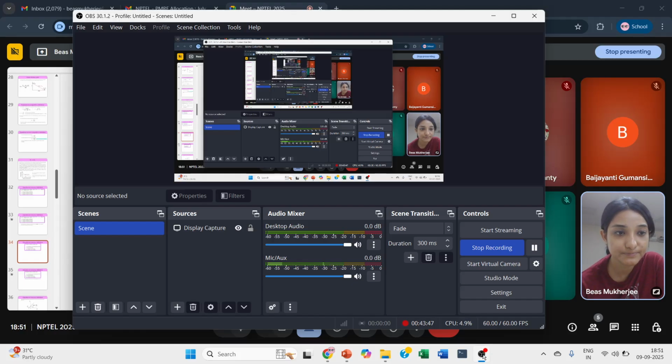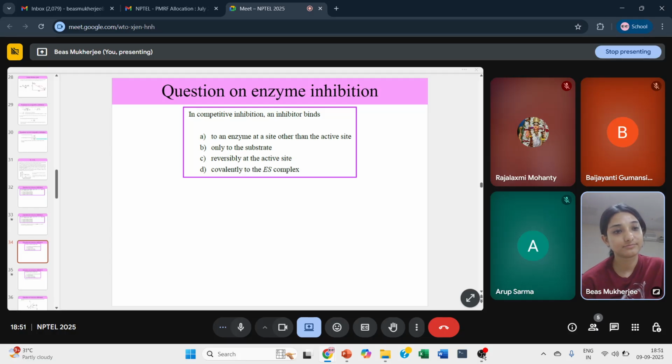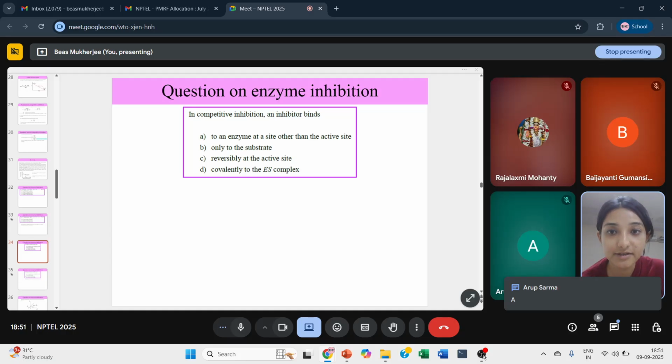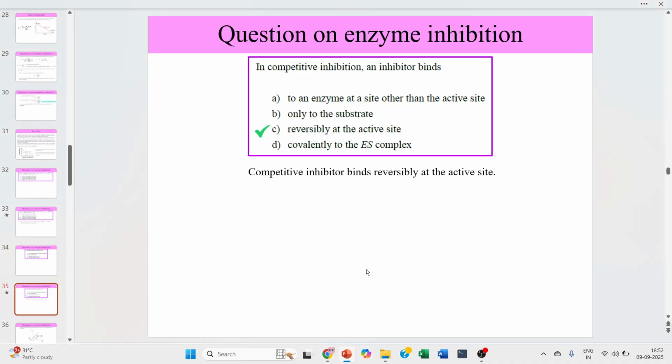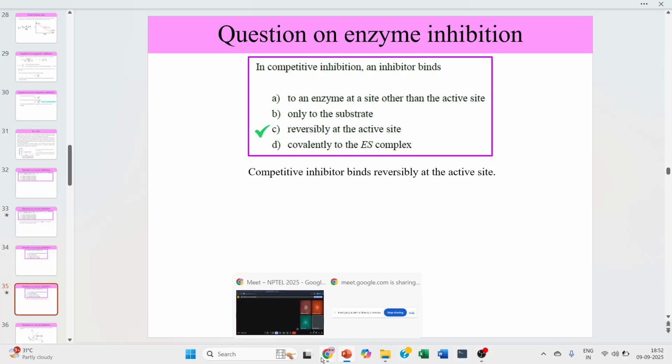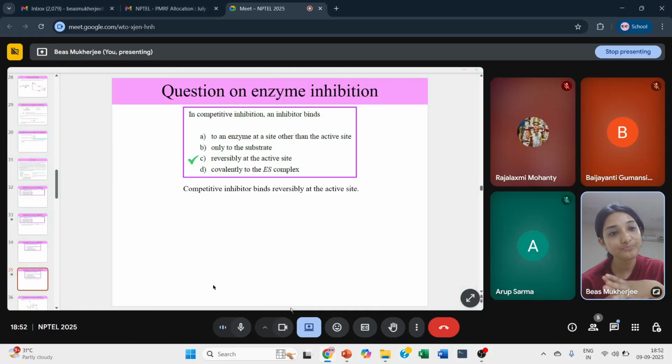This is simple. A. Okay. In competitive inhibition, actually what happens is the inhibitor and the substrate compete for the active site. Not other than the active site, not any allosteric site. So the answer is C. Competitive inhibitor binds reversibly at the active site. Okay, so the right answer is C.